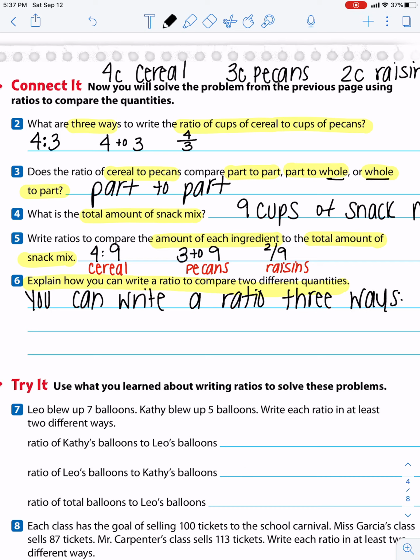Hopefully we all remember what they are. So we can use a colon, which is that 4 to 9. We can use the word to and do 3 to 9. And we can also write it as a fraction, which was that 2 over 9. All right.